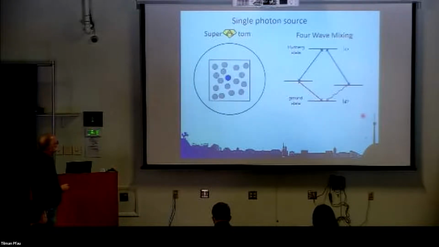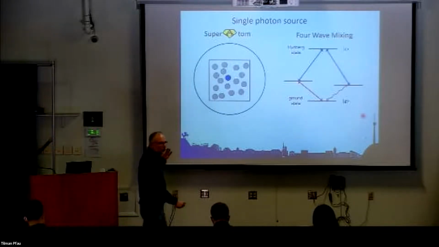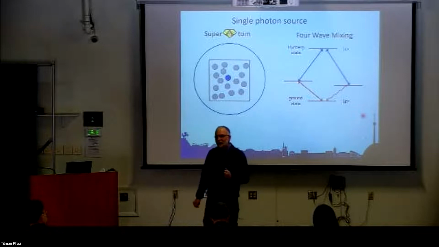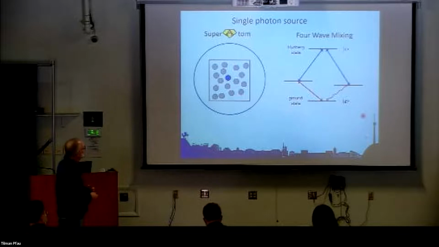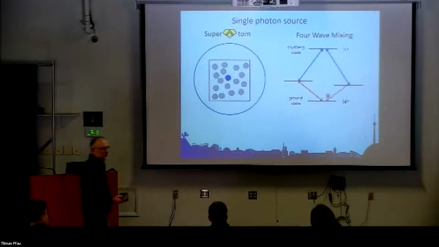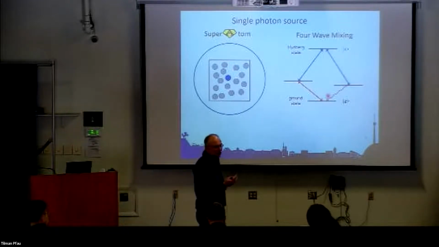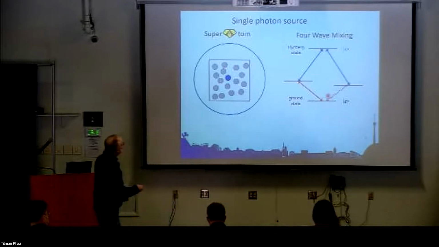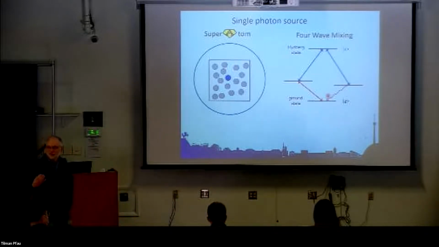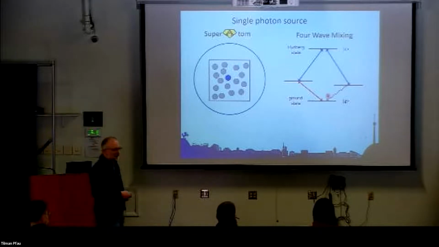Okay, so if you want to use that blockade effect to build a quantum device, let's say a single photon source, then what you want to do is bring that single excitation in that Rydberg state back down and convert it back into the light field such that a single photon comes out. Okay. So this is actually called four-wave mixing, a nonlinear optics phenomenon. Yes?